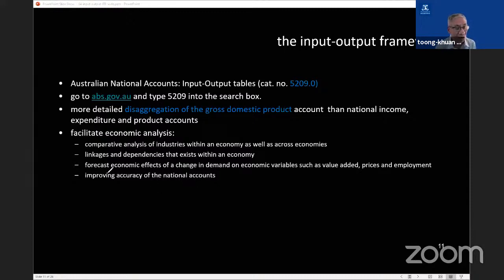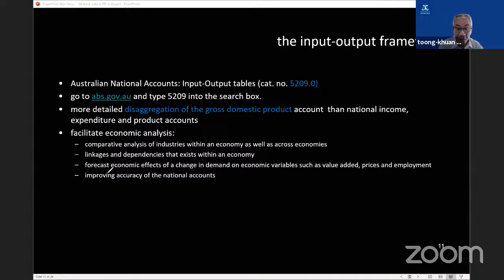You can then use that as a tool to forecast the impact of a change in demand, such as increased spending in infrastructure, increased spending in buildings, office buildings, shopping centers, or changes in employment. Say, for example, in the US, remember that the new President Biden is thinking about imposing a minimum wage.